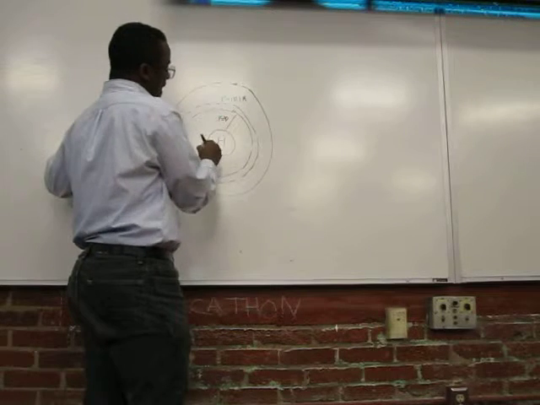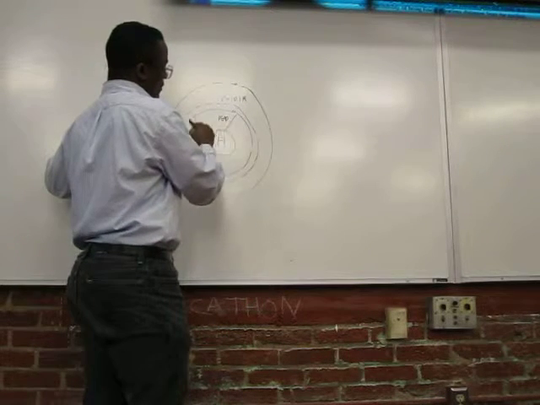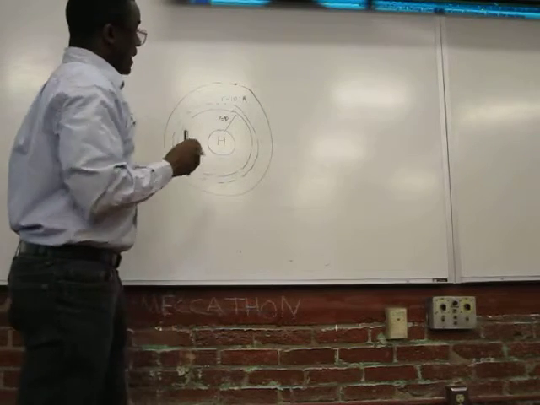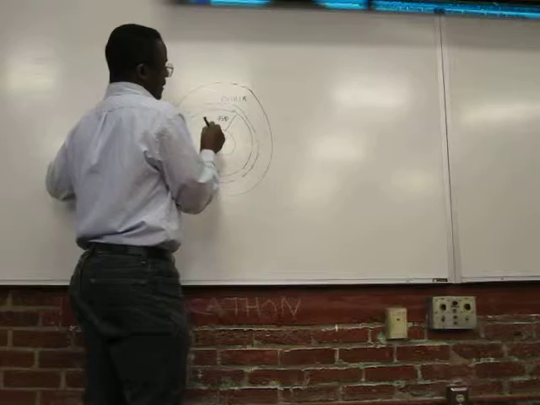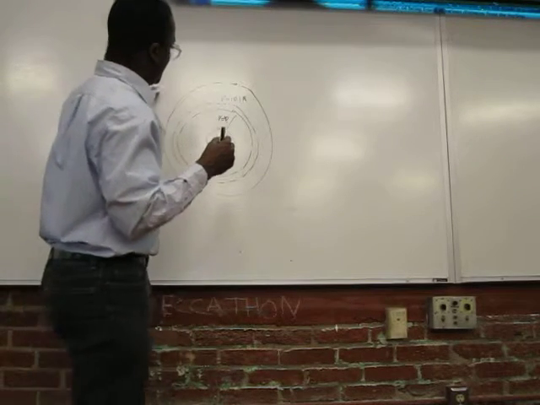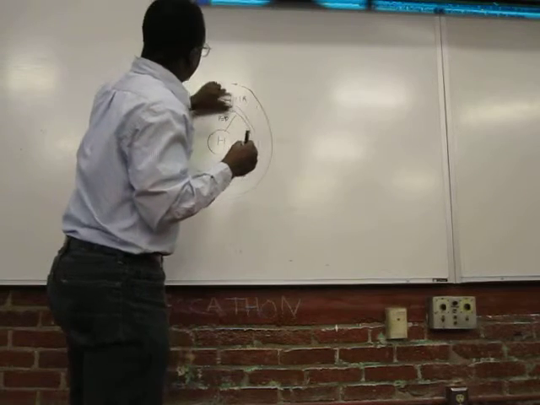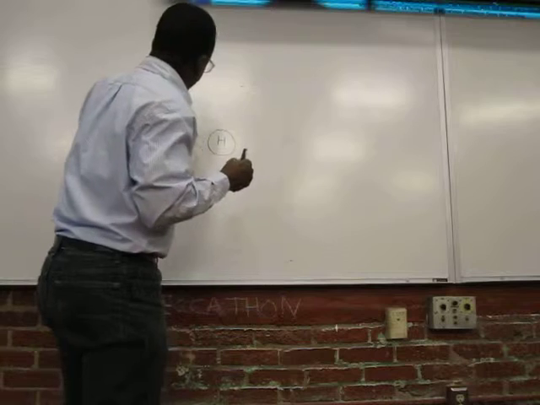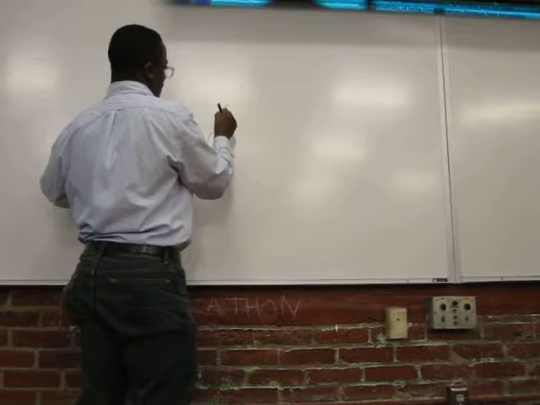So you can only have standing waves in a circular orbit around the nucleus. And because of that, you have all kinds of implications. One of them is discrete energy. Because you can only have standing waves around the nucleus.